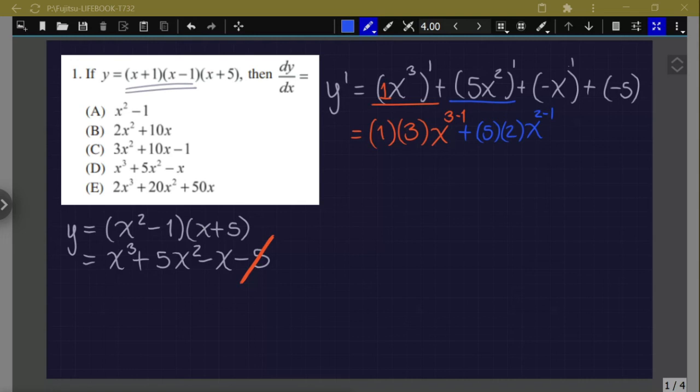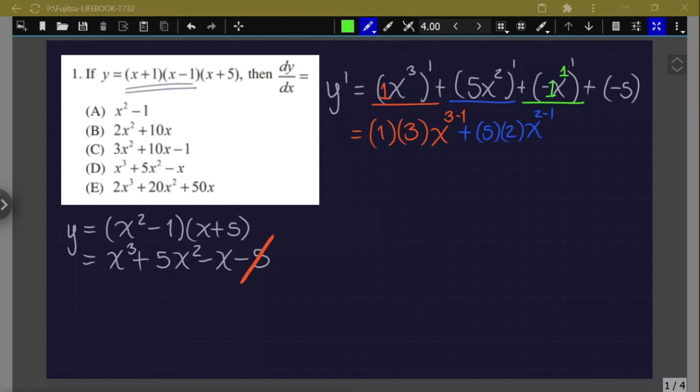Then for the last one, we are going to check quickly to determine the sign first. The coefficient is -1, and the exponent is also 1.